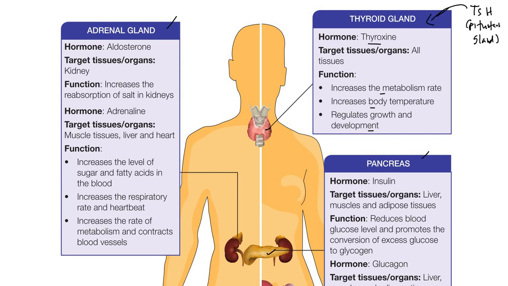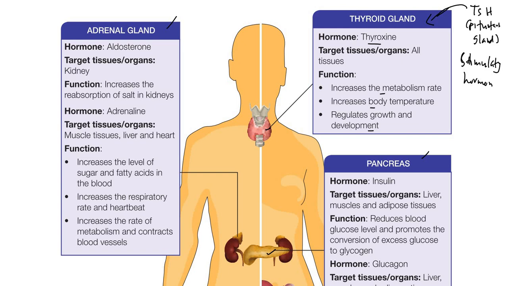That means the thyroid gland must wait for the TSH first from the pituitary gland, then it will secrete the hormone. So TSH is a stimulating hormone, because it will stimulate the glands to secrete hormones.